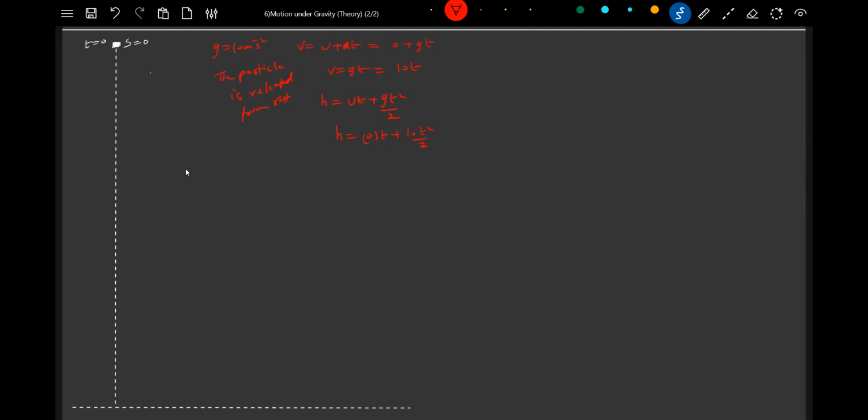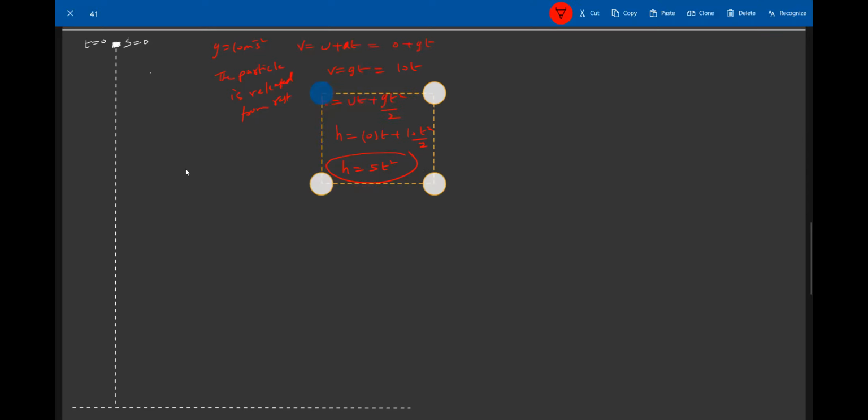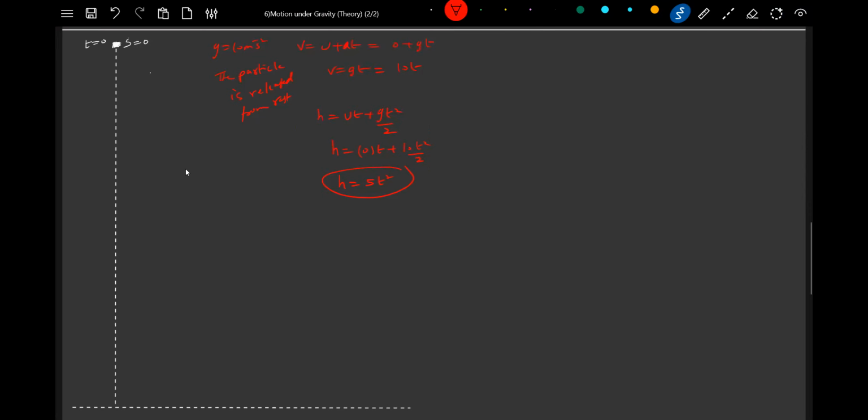The value of g is 10, so on substituting that, we'll get 5t squared. These are the two equations which I'll be using for the calculation. So let's go for the tabular column.